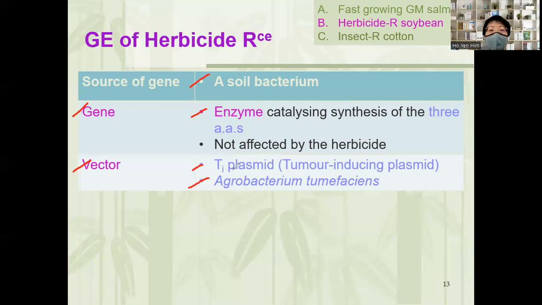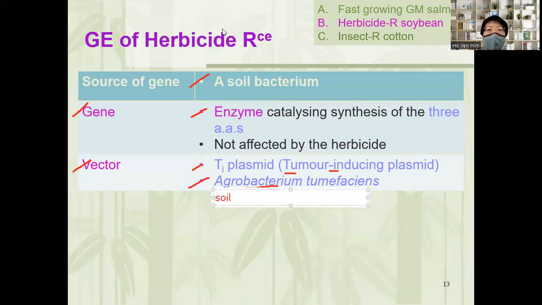Okay. Now, Ti stands for tumor inducing. Why is it called tumor inducing plasmid? Because Agrobacterium, agro means agriculture, is a bacterium found in the soil.